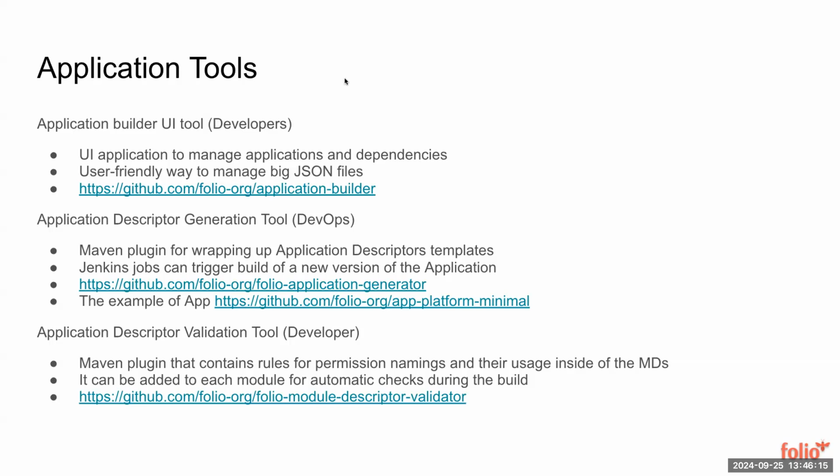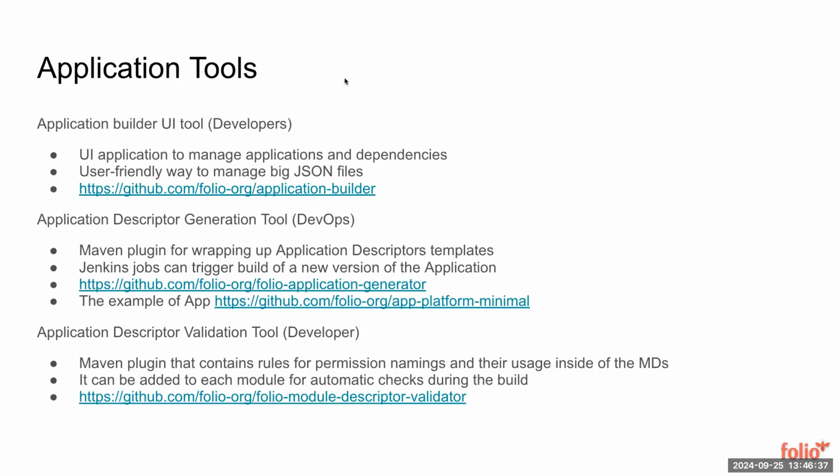It performs the same interface dependency check. You can load an existing JSON file with an application descriptor, or you can create a new one, specify an application name, and start adding modules. By modules, I mean module descriptors.